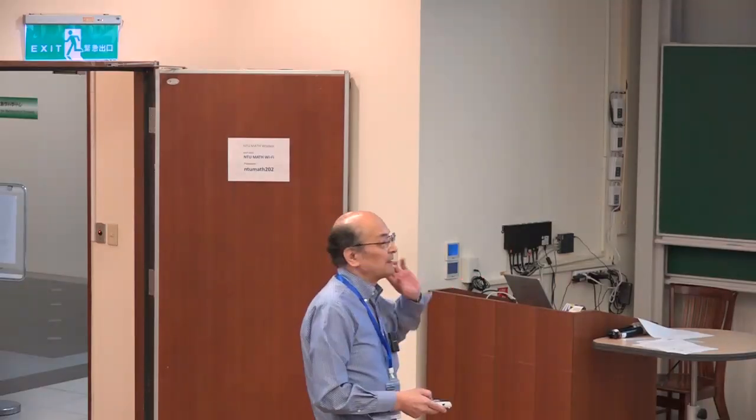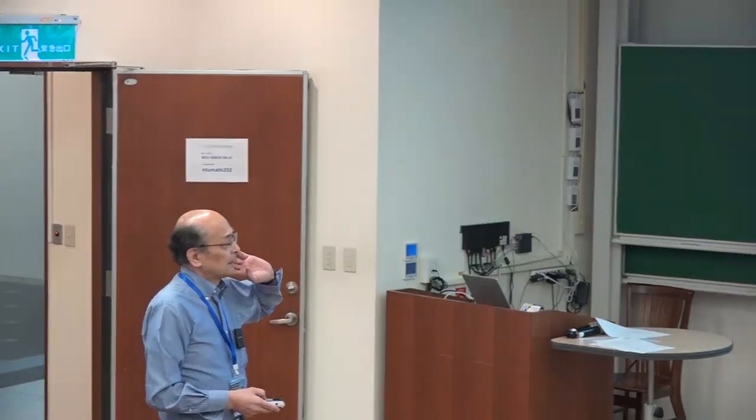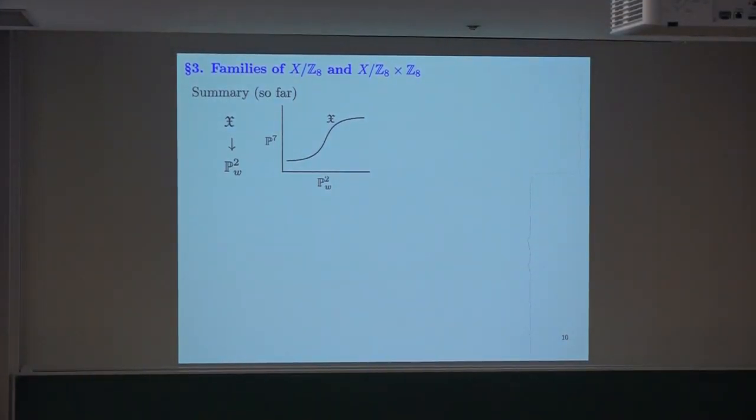So in any case, from now I want to construct a family of Calabi-Yau manifolds of this quotient, or X itself. But for some reason I would consider these two quotients. X itself is actually difficult here. So far, schematically I wrote a family of Calabi-Yau over P2.